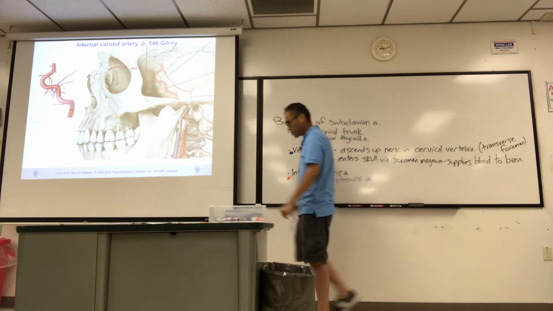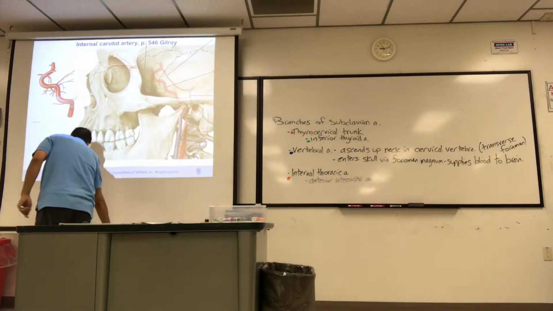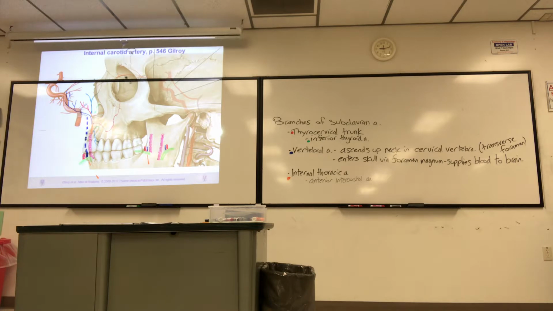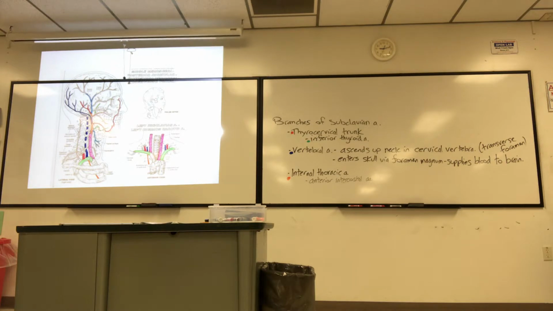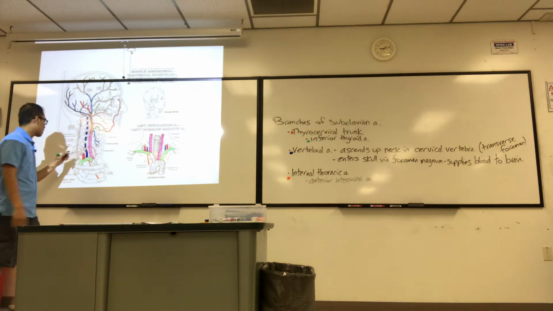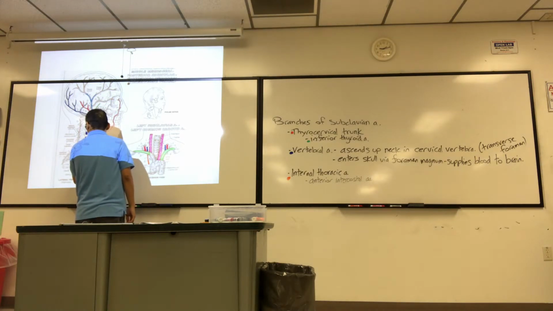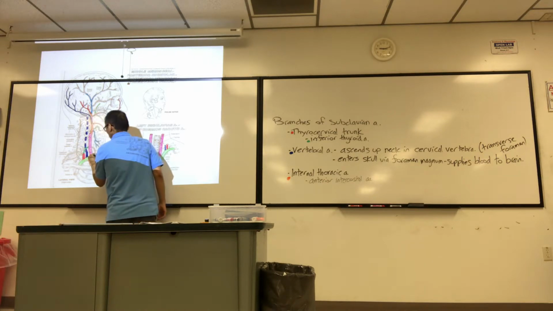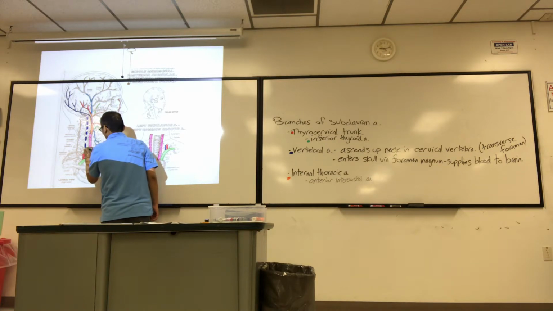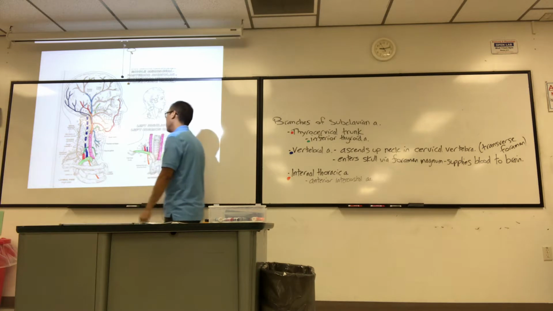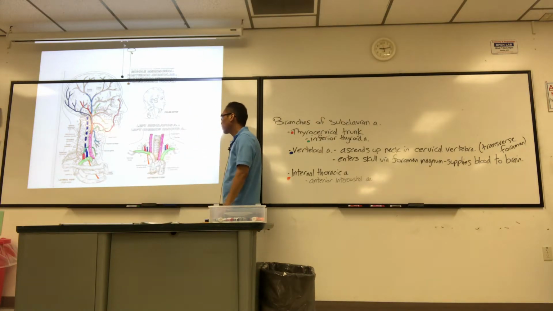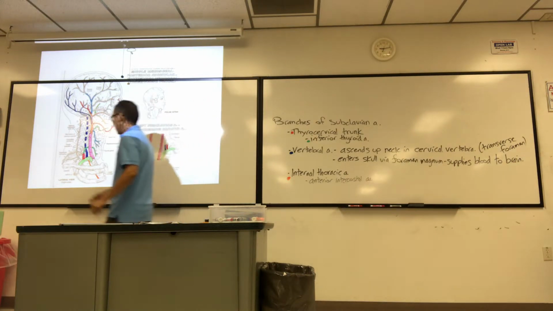I'm a little anal retentive when I forget stuff like that, so I'm gonna go back and color it. This picture here. The inferior thyroid is a branch of the thyrocervical trunk right here. Okay, now I'm satisfied.